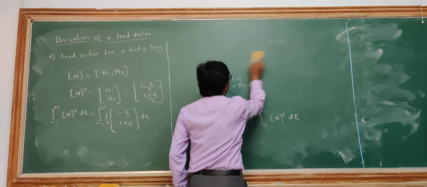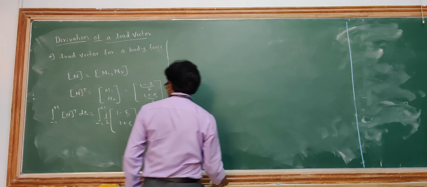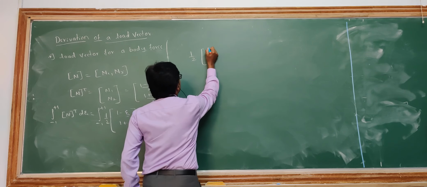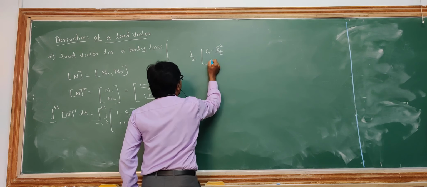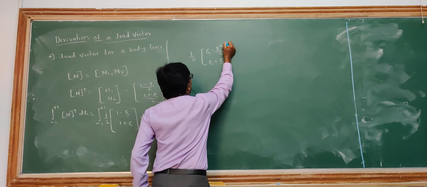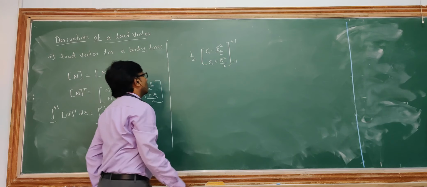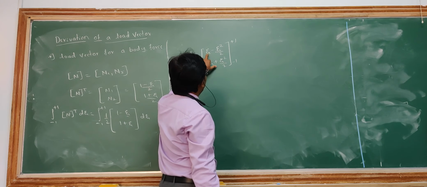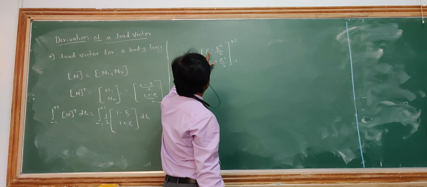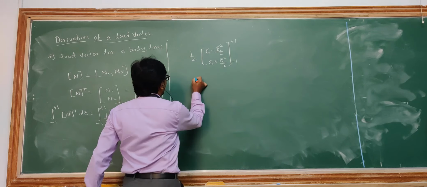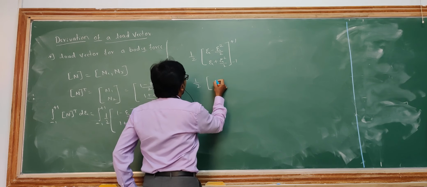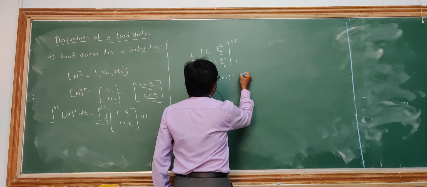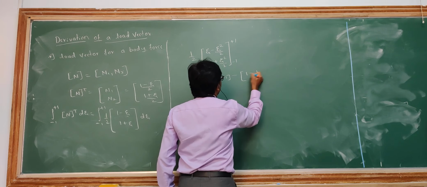So what you will get here is 1 by 2, and the integration of this will be zeta minus zeta square by 2, and zeta plus zeta square by 2, with limits -1 to +1. Simplifying further: 1 plus 1 minus 1 minus 1 divided by 2.